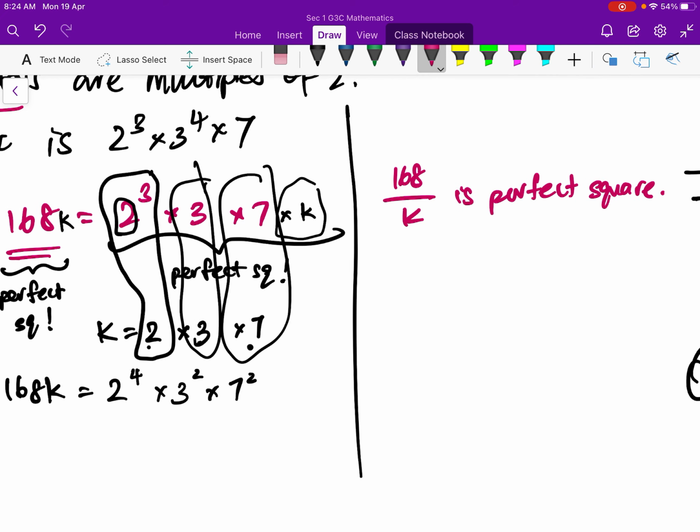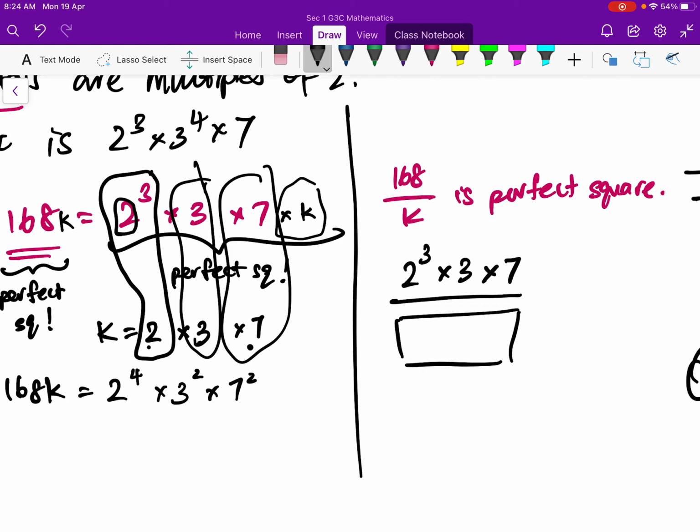So find k. Very similar approach. We write down 168, 2 to the power of 3 times 3 times 7. This is our 168. Divided by a certain number, k, will result in a perfect square.